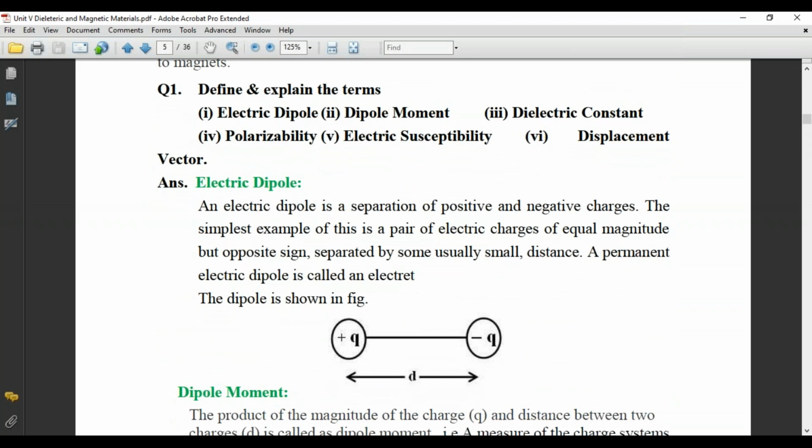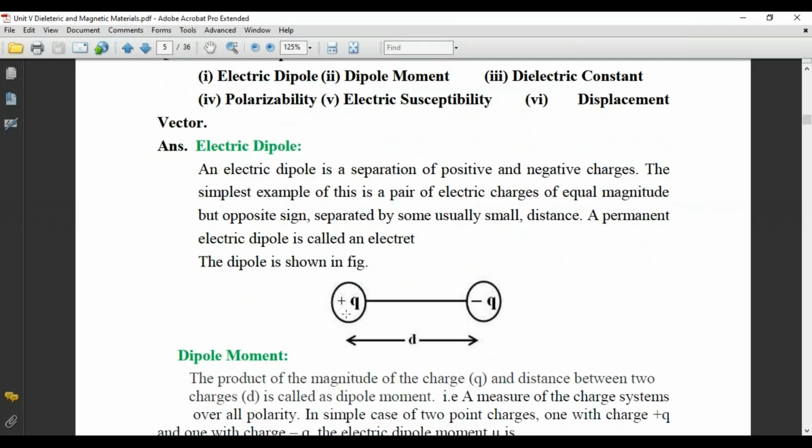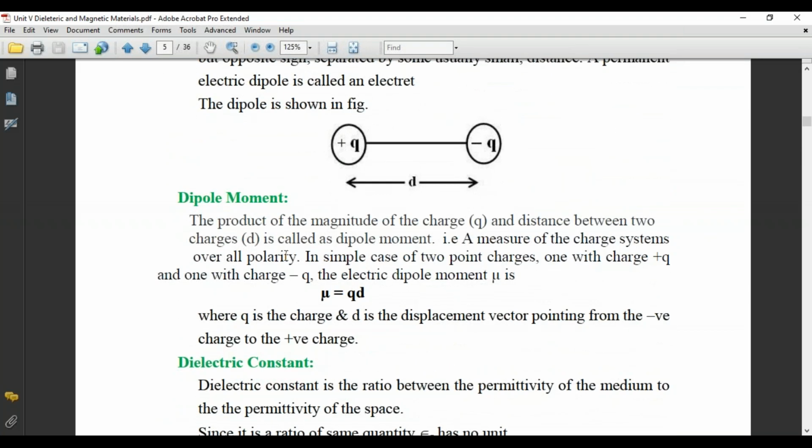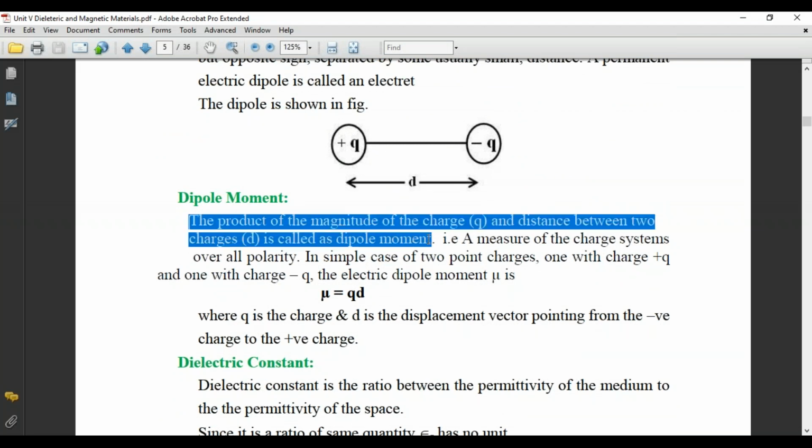What is electric dipole? What is dipole moment? What is dielectric constant? What is polarizability? And what is electric susceptibility? What is displacement vector? The electric dipole means there is a separation between the positive charge and negative charge, nothing but an electric dipole. The dipole moment is the product of the magnitude of charge Q and the distance between the two charges.